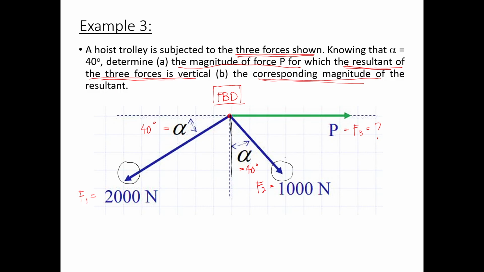Since we're adding up forces, it's right for us to say that the resultant force is going downwards. The resultant force is vertical, going downwards because of these two forces here.